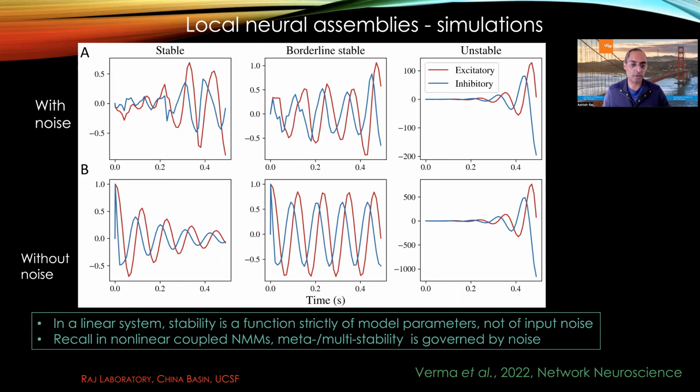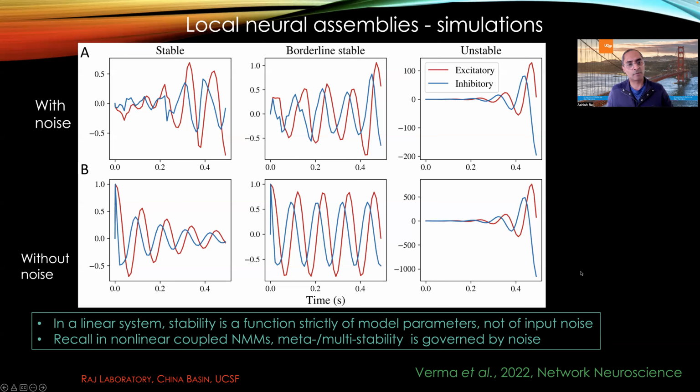So what we ended up doing was an inverse Laplace transform, and we then modeled the stability of the inverse Laplace transform in terms of its eigenvalues and eigenvectors. And what we found was that you could easily determine a border between stable and unstable regimes of the excitatory and inhibitory populations within the local circuit.